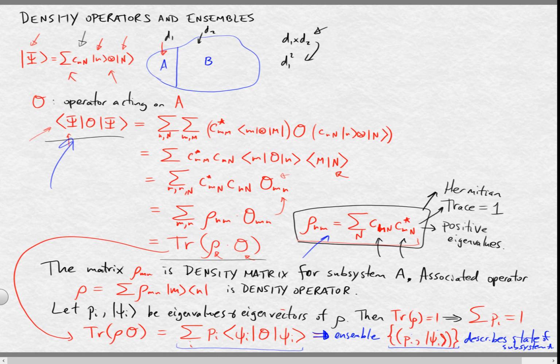And so that proves that this ensemble that we defined through calculating this density matrix faithfully captures all of the properties of the subsystem A. And actually, one thing that I didn't mention in the previous video that's clear from this derivation is that when we have an ensemble that defines a subsystem, we can take the states in the ensemble to be orthonormal states, because in the way that we derived this, those were going to be eigenstates of a Hermitian operator. And we remember that we can always take those to be orthonormal.